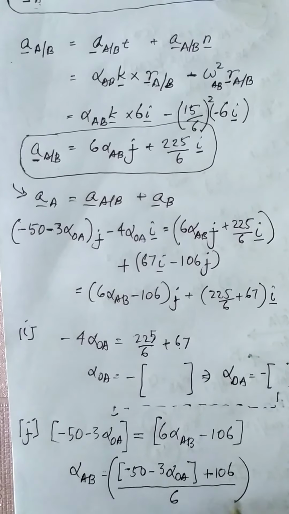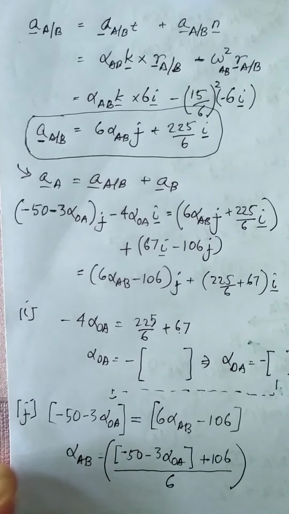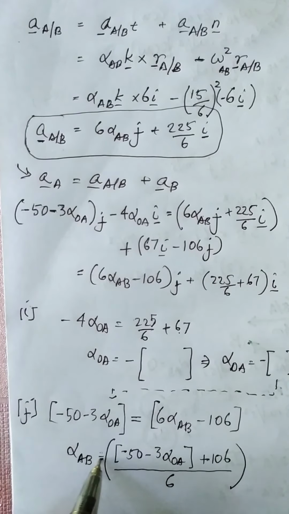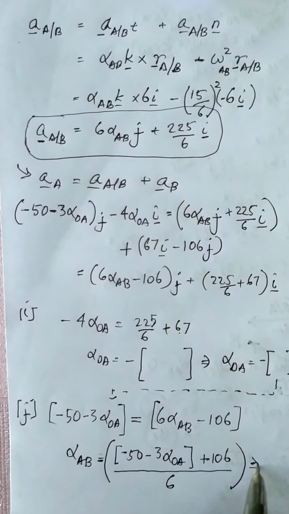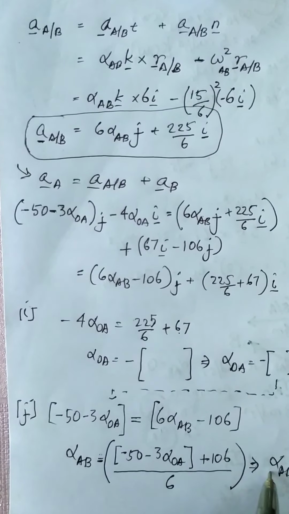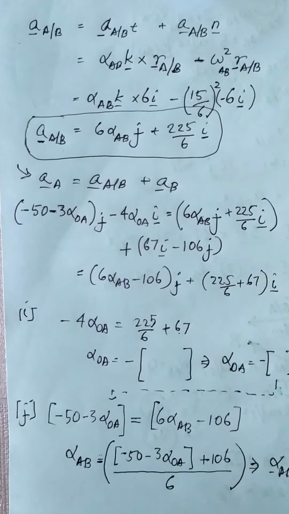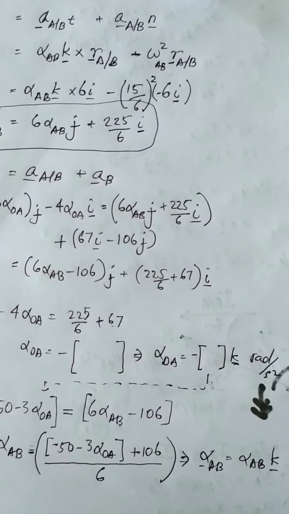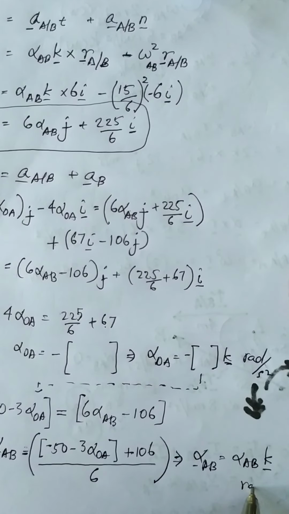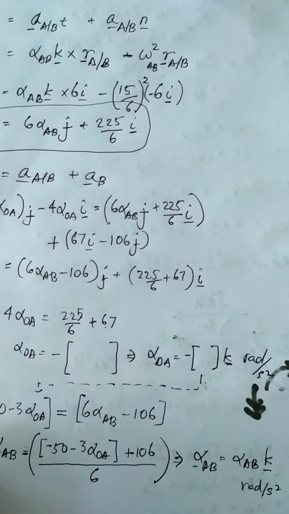That is the solution for alpha AB. So then you can write the vector alpha AB k equals alpha AB, which is this big expression. So that's your solution, radian per second squared.